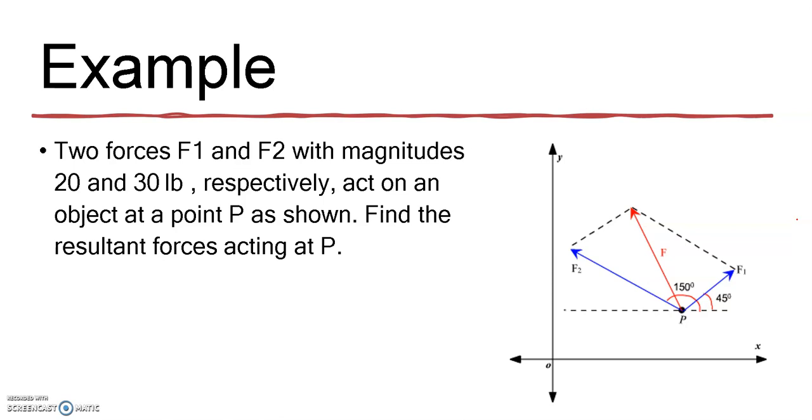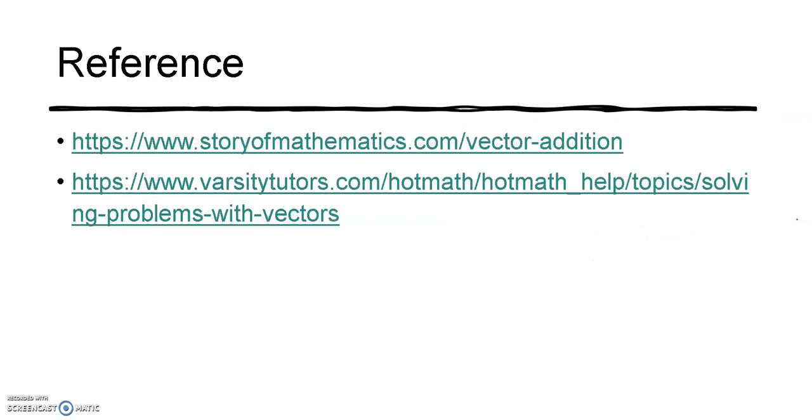Find the resultant force acting at P. It's for you to answer this problem, and then I will provide the next part of this video solving it. For your reference, just see these links.